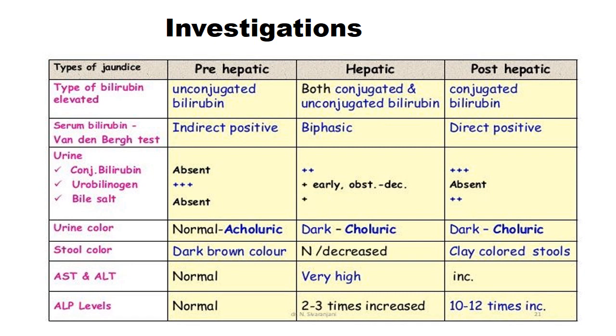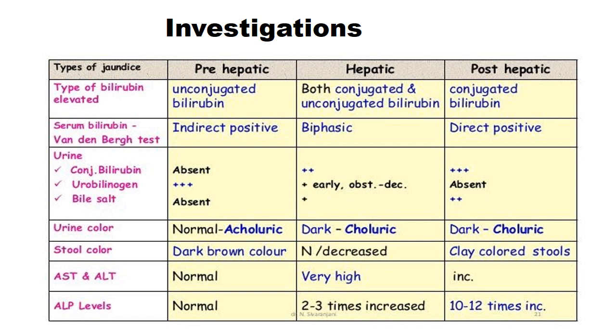Bile salts are present more in post-hepatic and hepatic, absent in pre-hepatic. Urine color is normal in pre-hepatic, and dark in hepatic and post-hepatic. Stool color is clay colored in post-hepatic, the other ones are normal or dark brown.